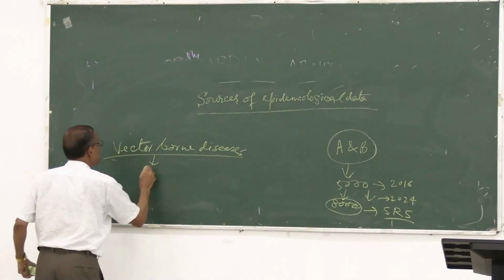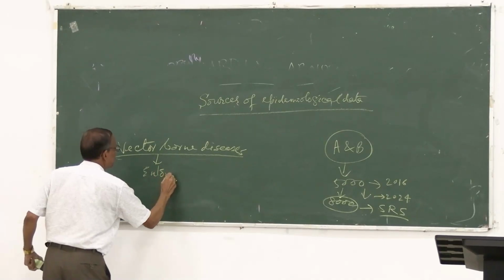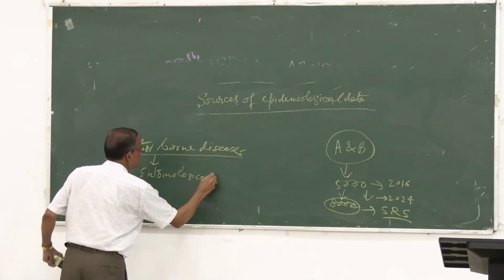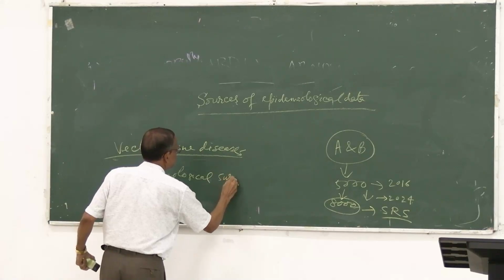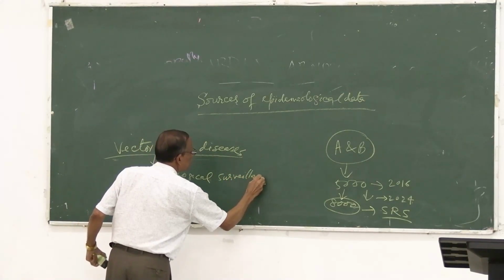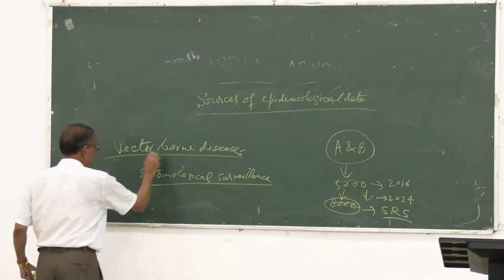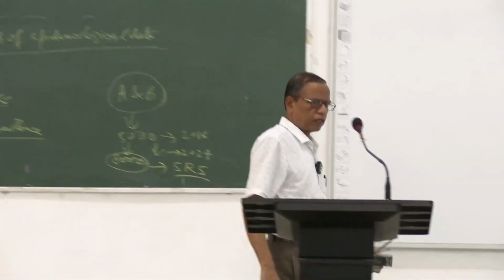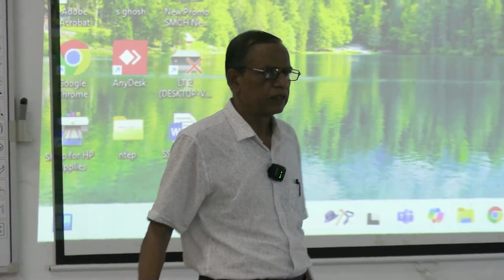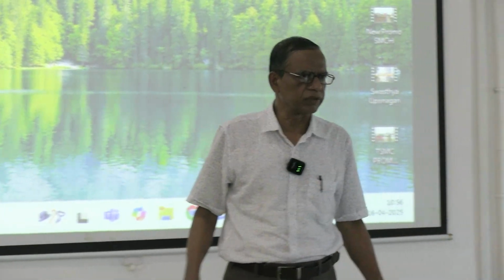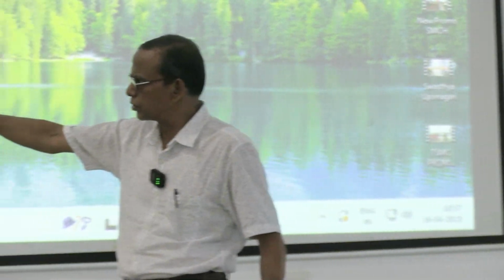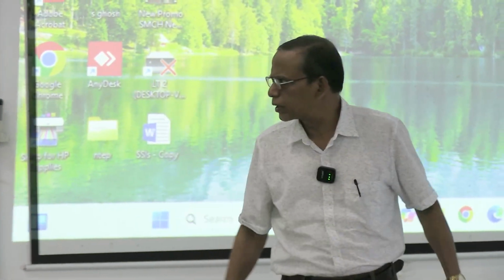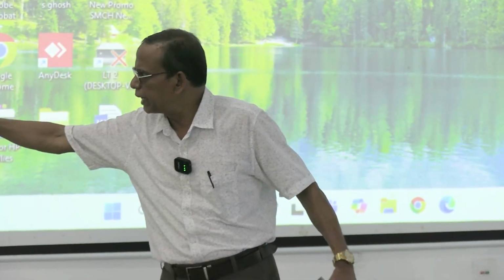Vector-borne diseases means the diseases which are transmitted by the bite of the mosquito or by the bite of the arthropods. What are the important vector-borne diseases? Malaria, dengue, chikungunya. So, these are the important vector-borne diseases. So, to control the vector-borne diseases, we do the entomological surveillance.